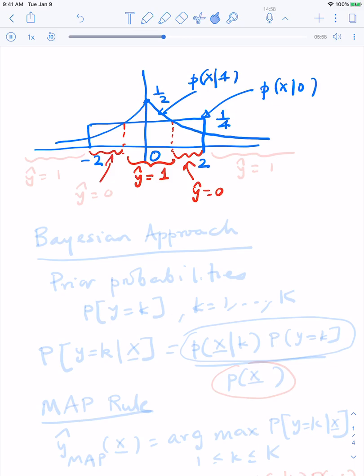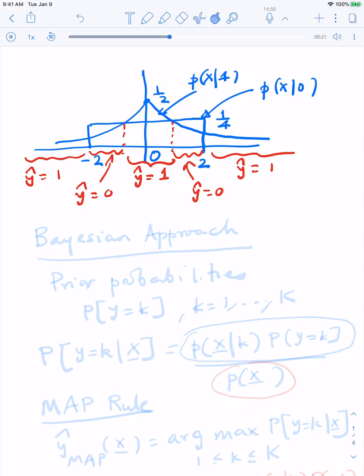Similarly here too, y hat equals 0. And of course beyond 2, P of x given 0 is 0, so all this stuff is y hat equals 1. That's your maximum likelihood rule pictorially depicted.